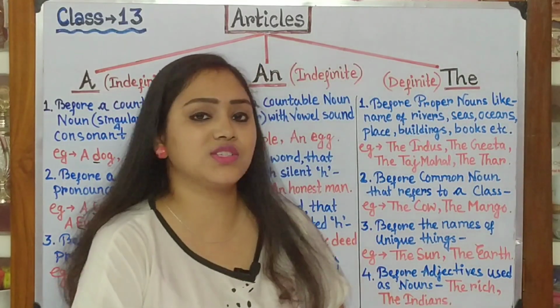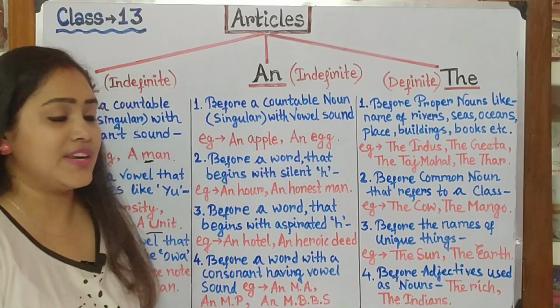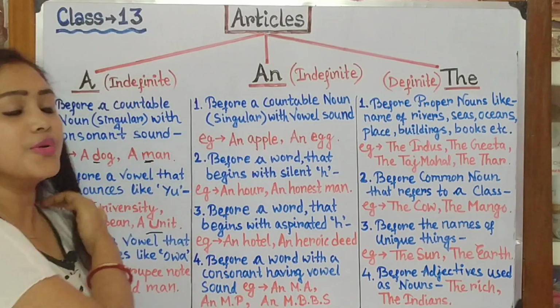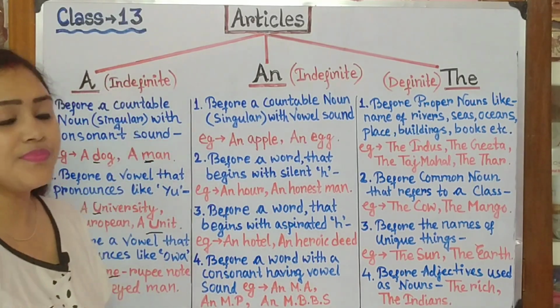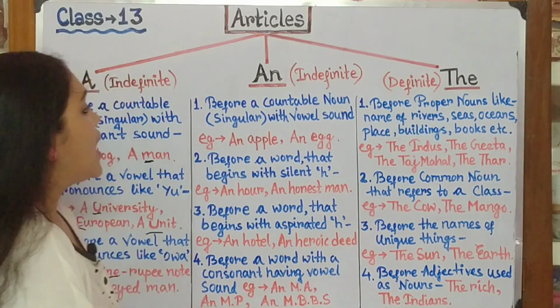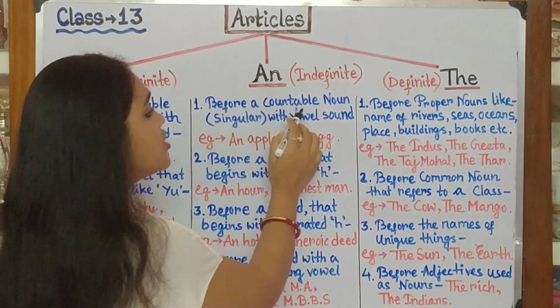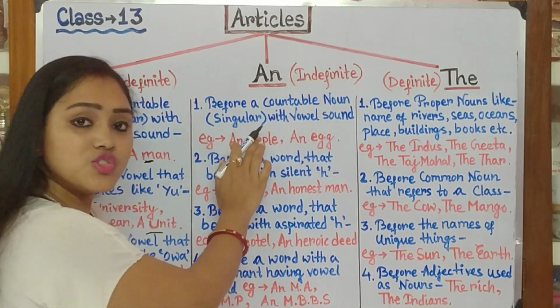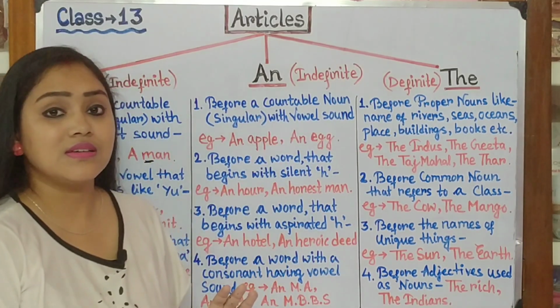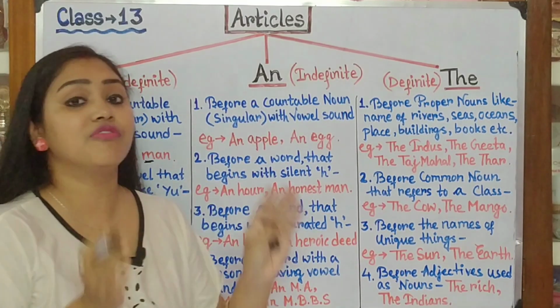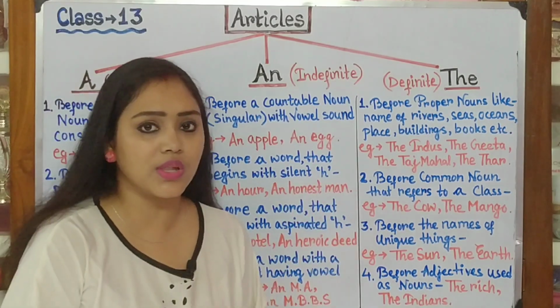Now I will move to the next one. Where to use an. As you can see on the board, an is also an indefinite article. And where do we use an? Number 1: before a countable noun which is also singular in number and which begins with a vowel sound. That means the first letter should be a vowel.